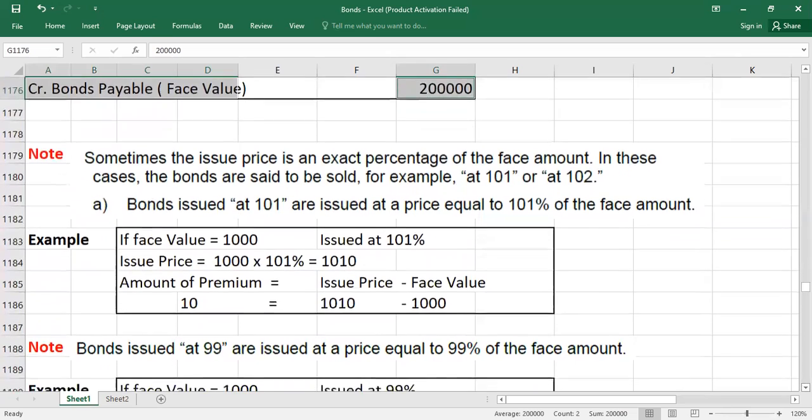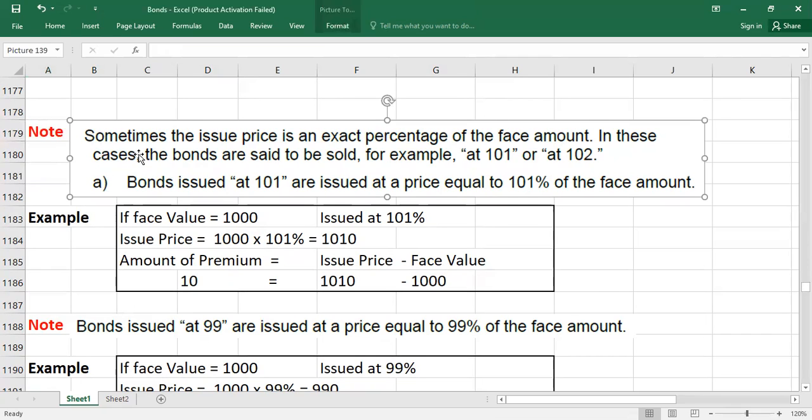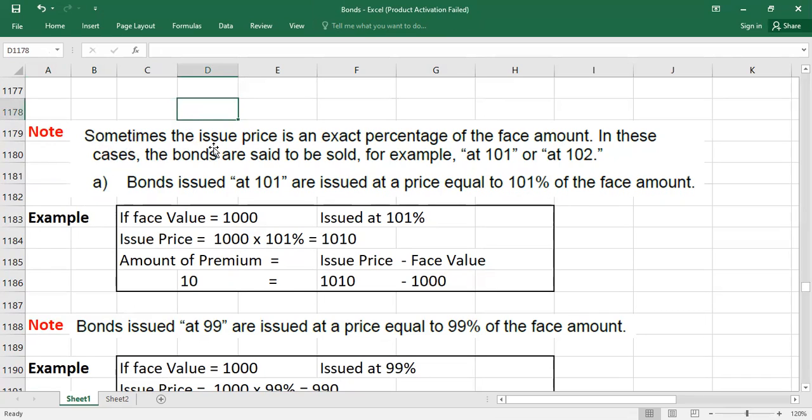You should remember here, sometimes in exams, and this is a really important note, what the examiner can do with you. Maybe the examiner will tell you this way: sometimes the issue price is an exact percentage of the face amount. For example, he will tell you the bonds are issued at 101. It means you are going to issue the bonds at 101% of the face. So here is how you calculate the amount of premium or discount.